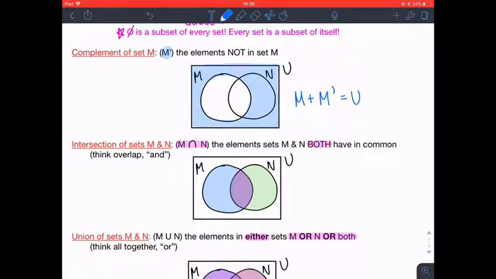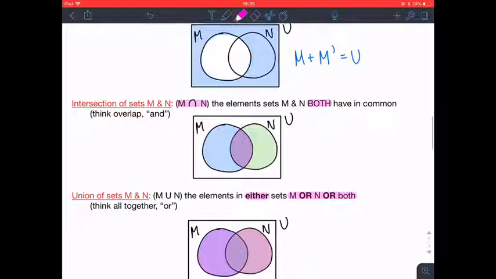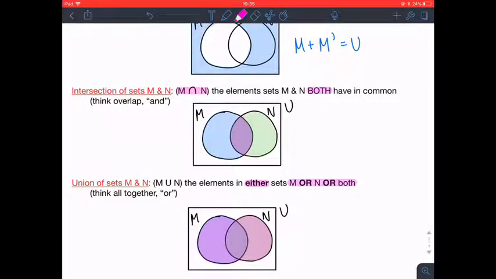Or I'm sorry, the universal set. All right. So again, intersection, think "and," with the upside down U. Union, think "or." And this is how you write it. It looks like a U. So intersection "and," union "or." And that's everything on sets and how we can represent them using Venn diagrams.